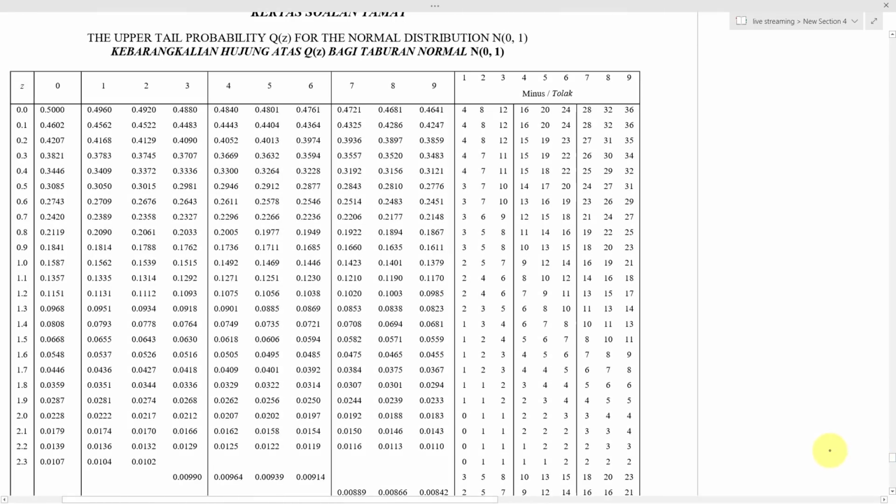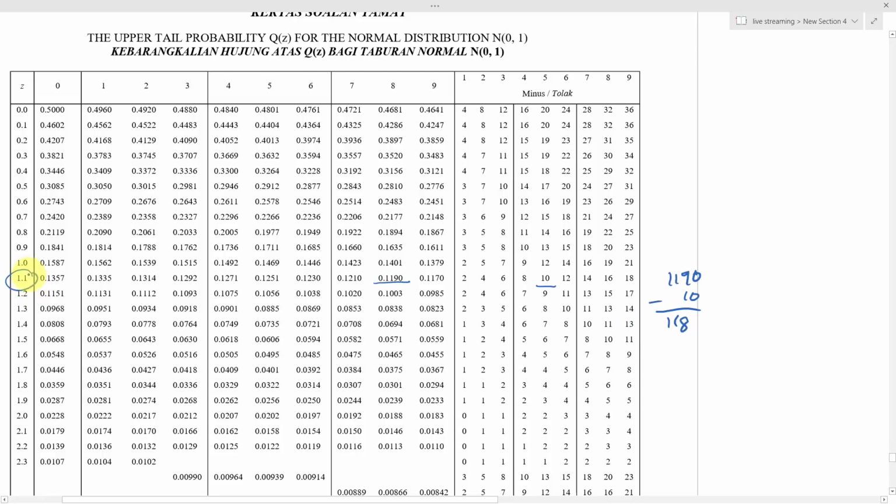0.118. Alright, then I need to find inside where is 0.118 here. 115, 117, 119. Okay, this one, but I want 118, right? I need to minus 10. Because this is like 1190, I minus 10. I get 118, right? So, yep.